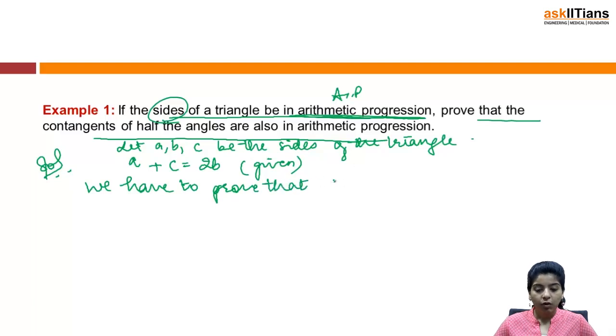We have to prove that cot A by 2 plus cot C by 2 is 2 cot B by 2.